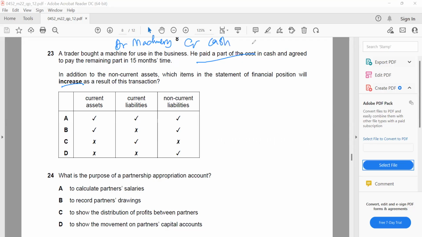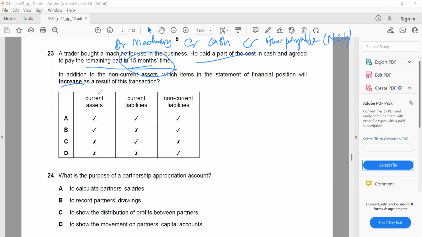He also agreed to pay the remainder in 15 months, so this is an other payable. Because this is 15 months, more than 1 year, this is under non-current liability.